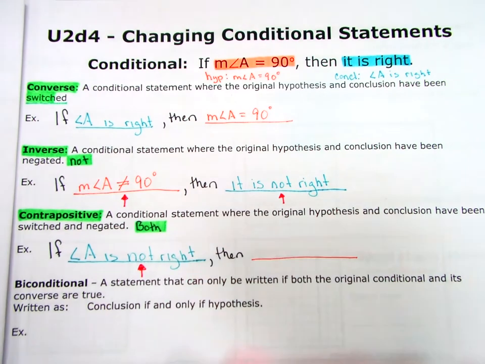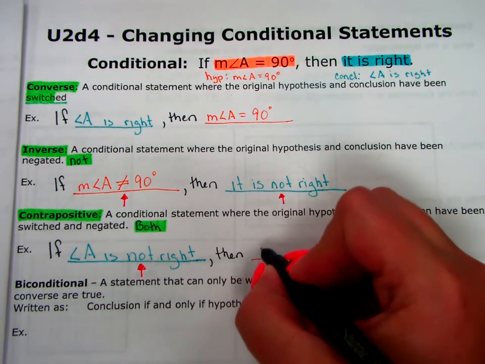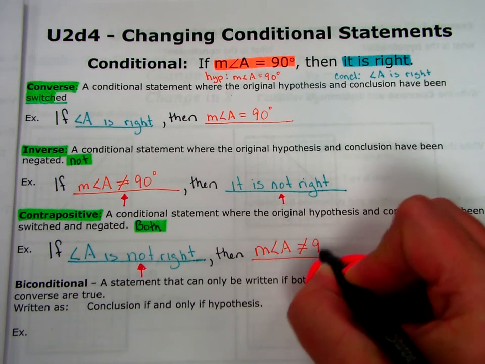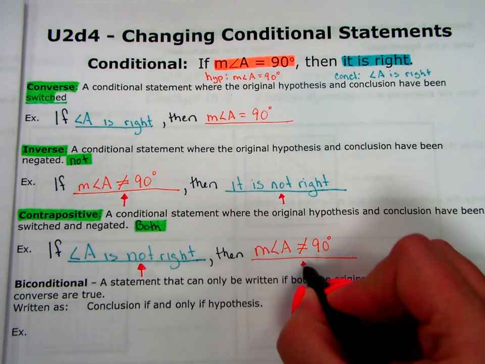It's been negated, and I'm going to switch it. Or I already switched it. Then, what am I going to put? The measure of angle A is not equal to 90. Equals not 90. And so I can see I negated it right here.